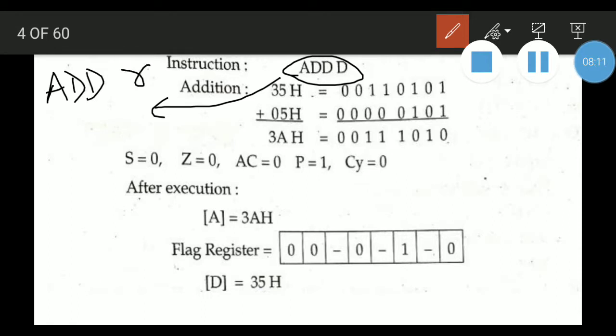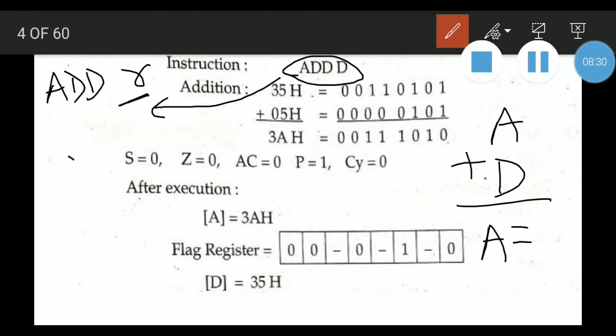So what is the format now? The content of the accumulator will be added with the content of register D, and the result will be stored in the accumulator. This is the format, right? Now keeping this format in mind, we will do the calculation. What is there in the accumulator?